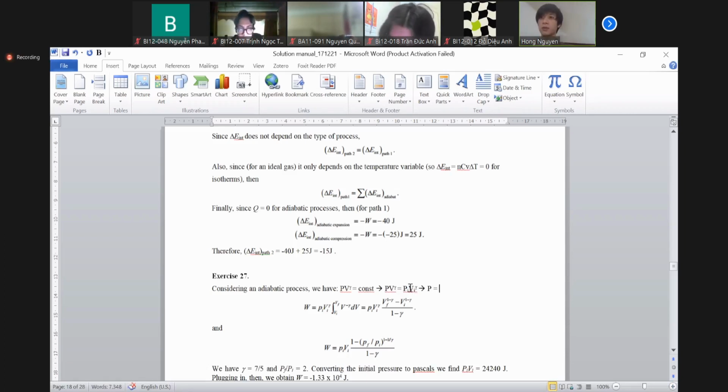P will be Pi Vi to the power gamma divided by V. And then you replace this into the expression to calculate the work.